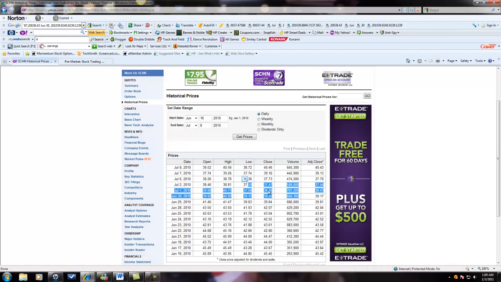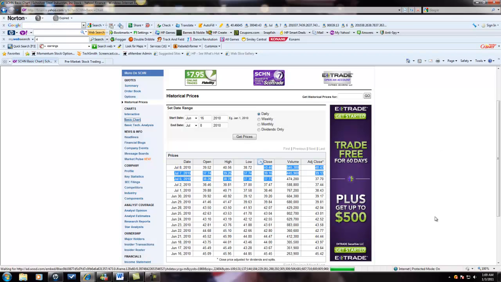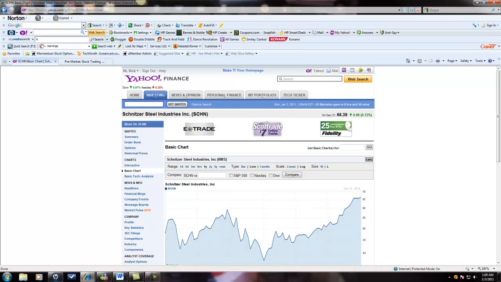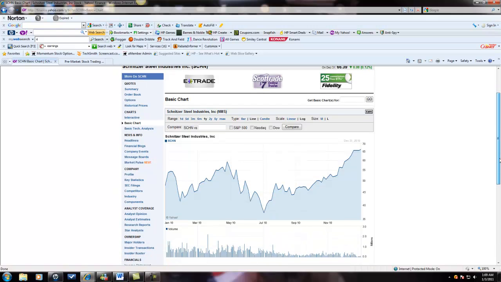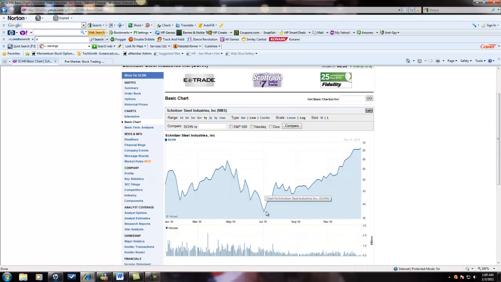So it was really a non-event, but then it dipped right here, leveled off, and then it shot back over 40. And since then, it's been on this huge run, as you can see from the chart here. So we're just a little leery. Like I said, if there was more liquidity, we would probably look into this trade a little bit further.